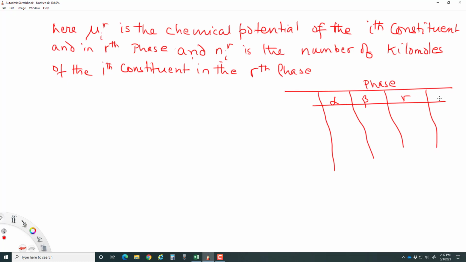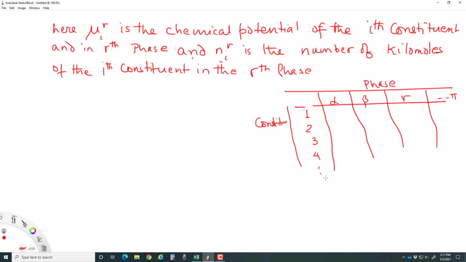So these are the phases we have, and then we also have constituents: constituent 1, constituent 2, constituent 3, 4, all the way to k.